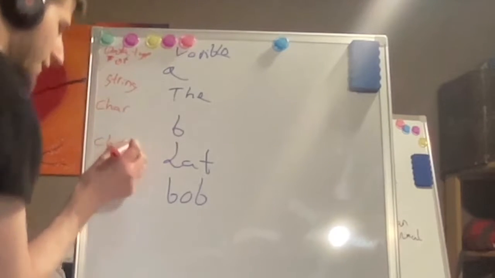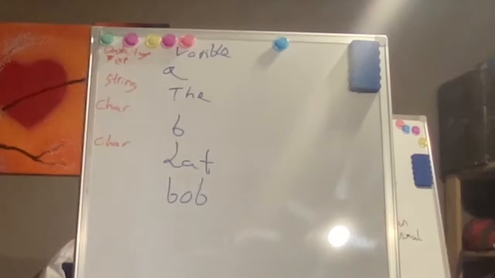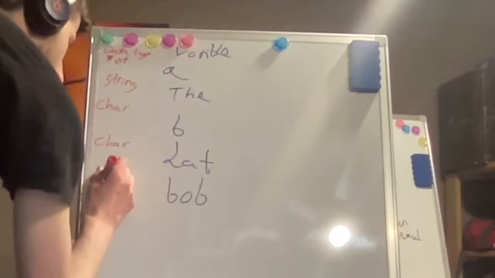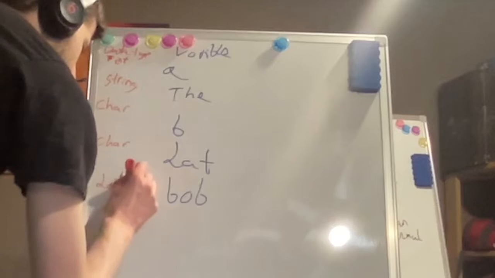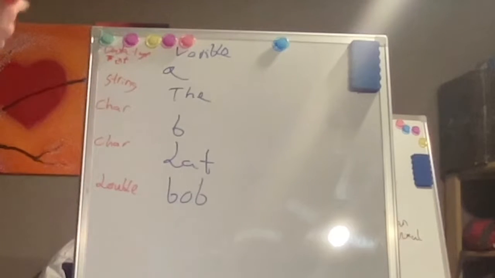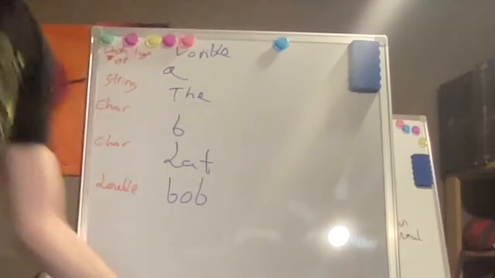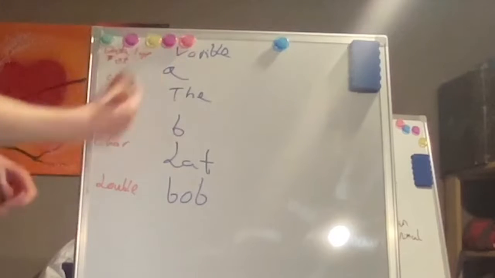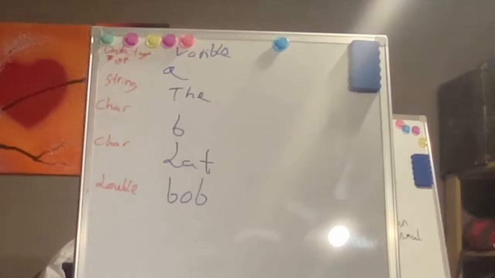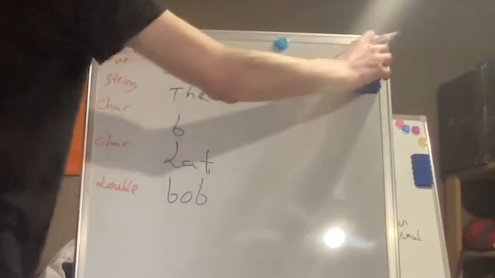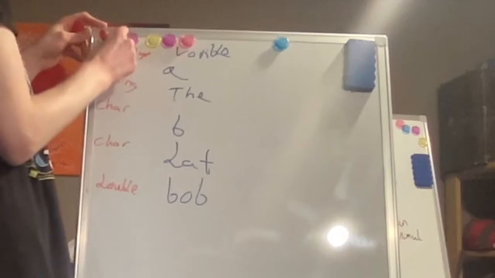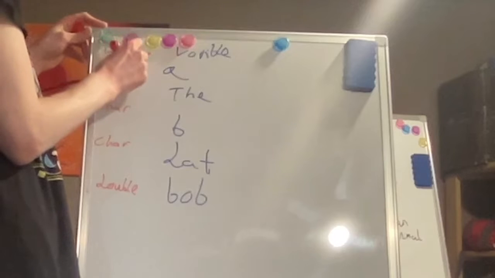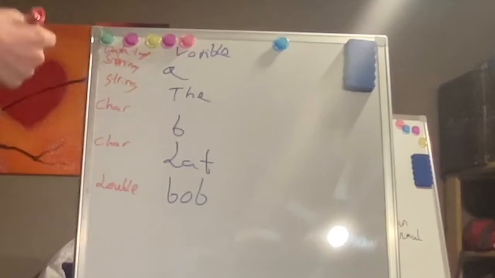Bob could be a double. With that, we can also say at the same time, int could also be a string as well. We just have to declare it as a string.